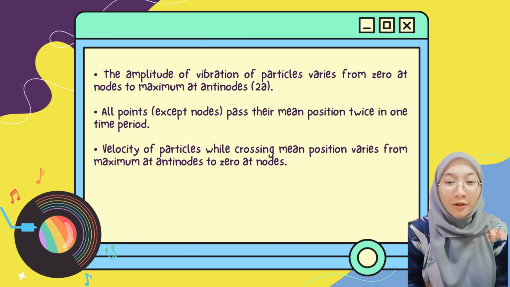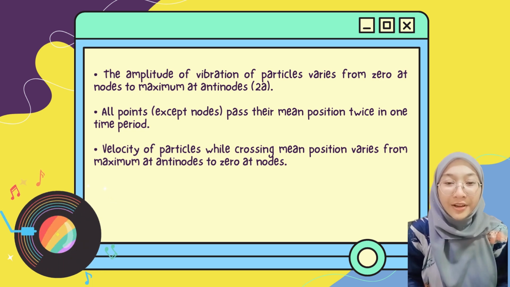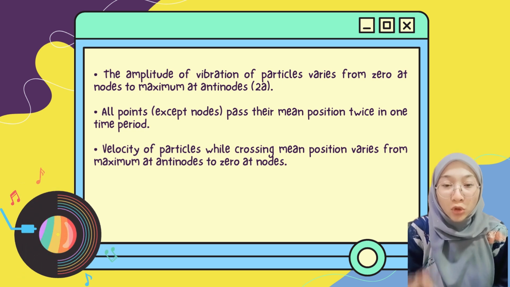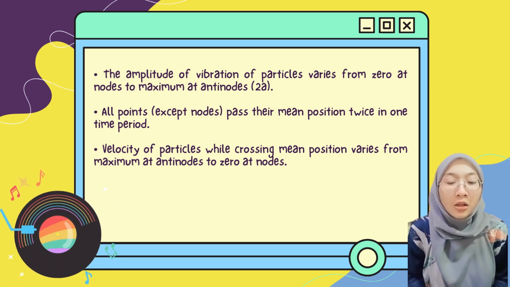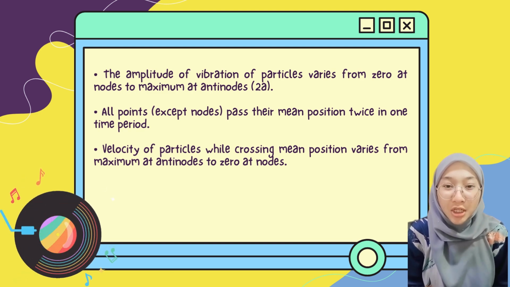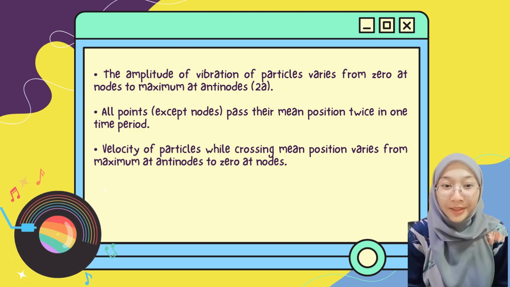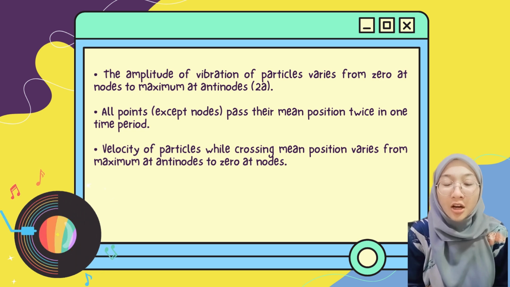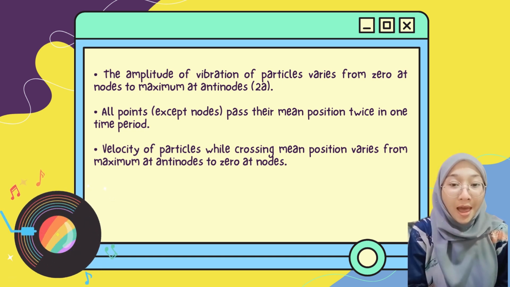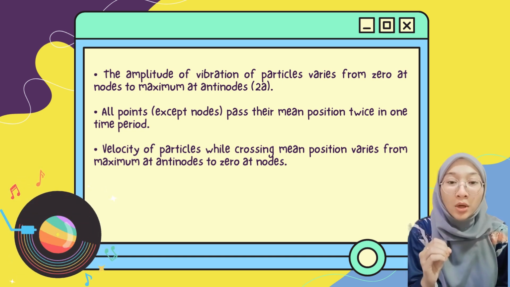The amplitude of vibration of particles varies from zero at nodes to maximum at antinodes, 2A. All points except nodes pass their mean position twice in one time period. The velocity of particles while crossing the mean position varies from maximum at antinodes to zero at nodes.